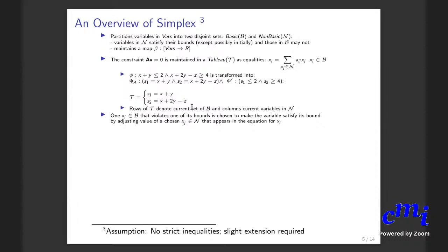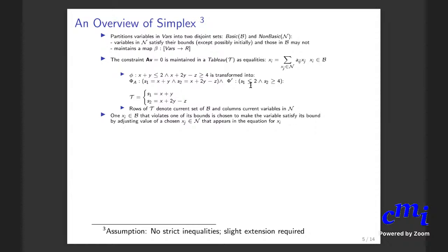So in this case, a basic step that is performed by the simplex algorithm is to pick one of the variables in the basic set that violates either its lower bound or its upper bound constraint.